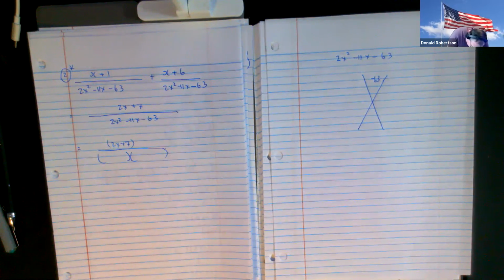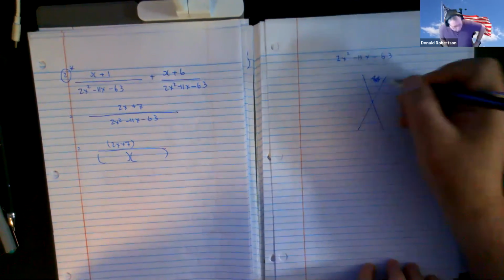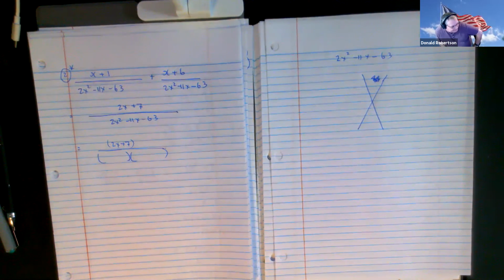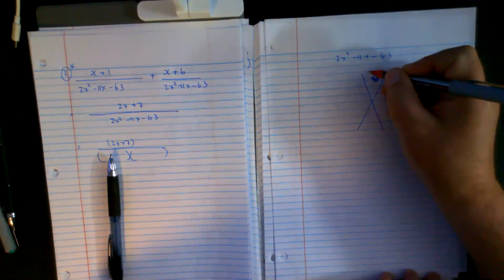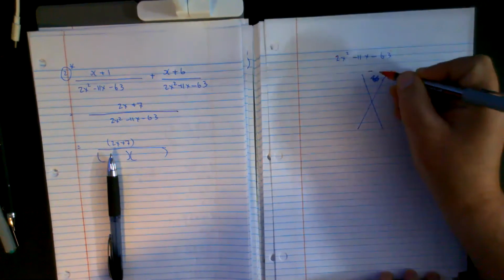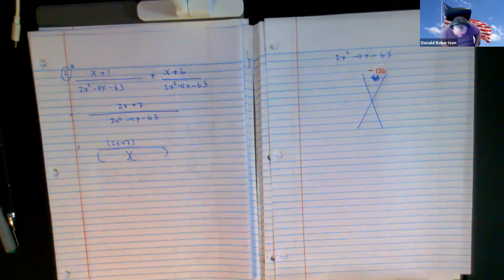Oh God, I'm saying negative 63. You know, nobody's arguing with me. What goes on the top? The product of negative 63 and 2. There we go. And what goes in the bottom?